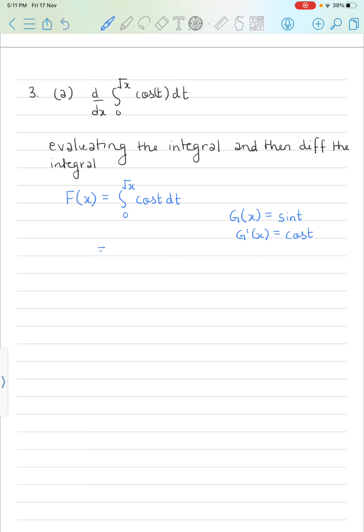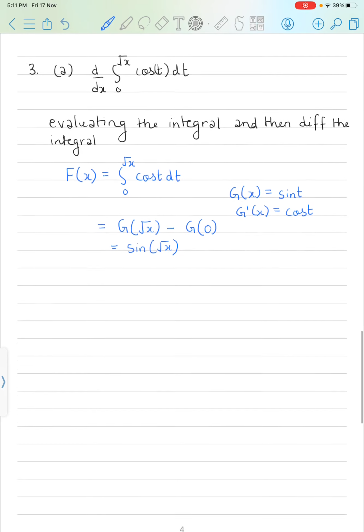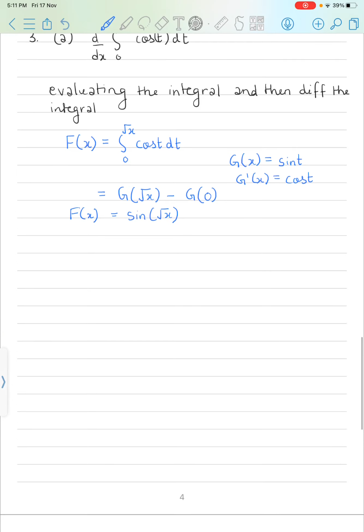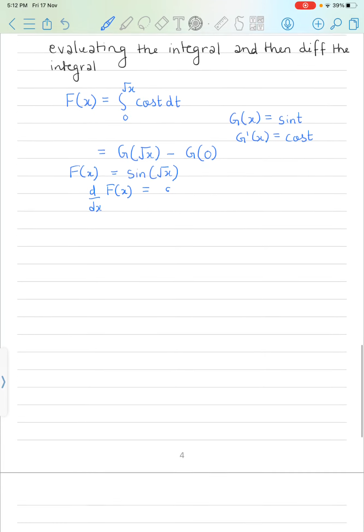So this will be g of root x minus g of 0, which is sine root x minus sine 0. Sine 0 is 0.